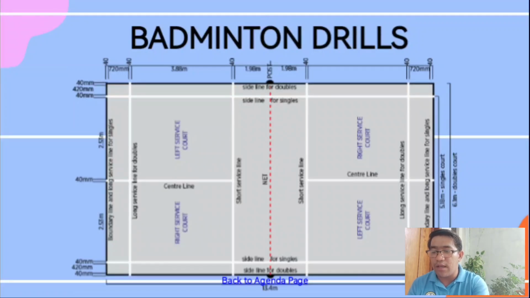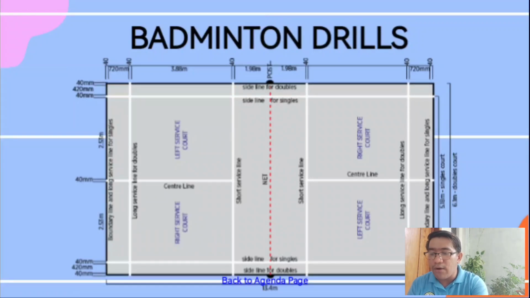Okay, so bawat hati, ito yung court na nakikita nyo, yung kalahati niya, yung left service court natin, ang sukat niya ay 2.53 meter. Okay? 2.53 meter. And also same with the right service court. Same din naman tayo doon sa pinaka single and double line. Yung length niya, same naman ay 40 millimeter.